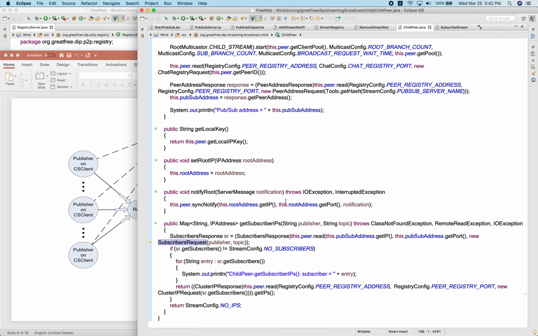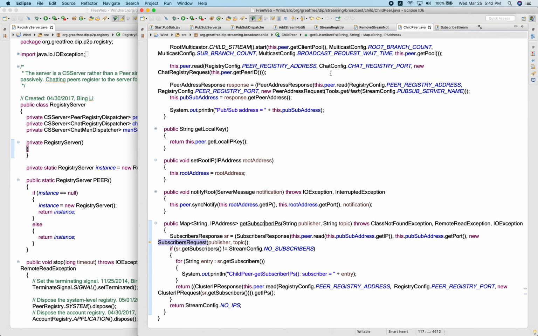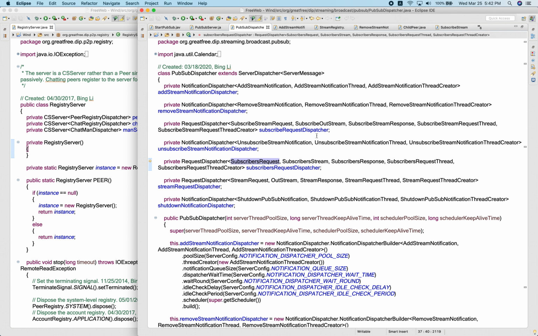That is, the child needs to access the IP address of all the subscribers, right? So one of the children in the multicasting framework needs to broadcast the stream from the publisher to all the subscribers.